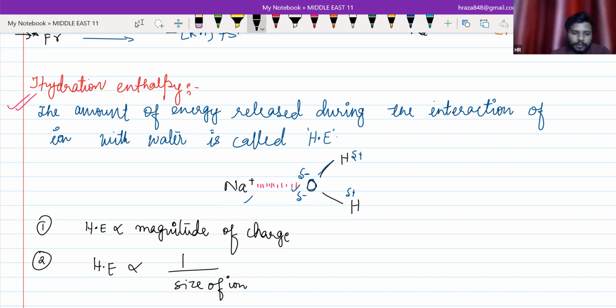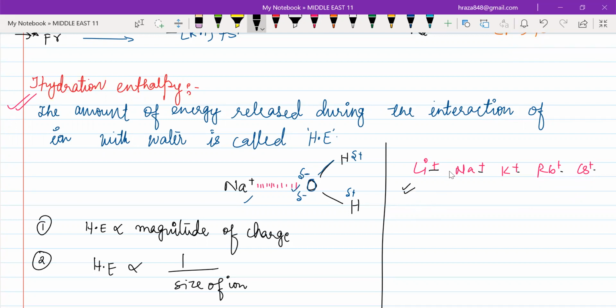So if you are going to see trend in hydration enthalpy, if I'm going to give you a question like Li plus, Na plus, K plus, Rb plus, Cs plus, this is all cation, and I'm going to ask you to arrange these ions in decreasing order of hydration enthalpy. So you are going for charge first, and you can see all the ions have same charge, so we will go for size, and you know that which ion will have a smaller size, Li plus.